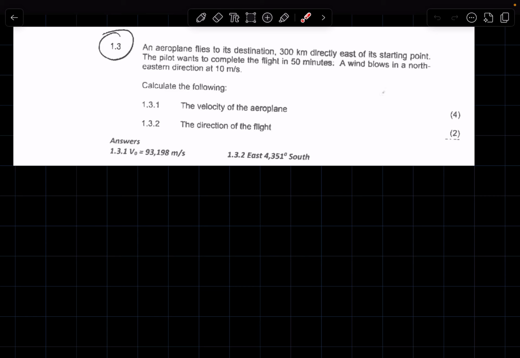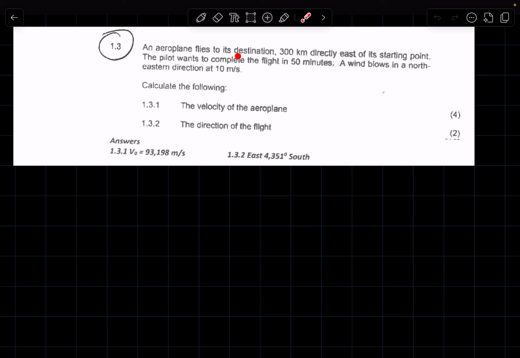In interpreting the problem statement, you are looking for any data that relates to VO, VW, and VR.